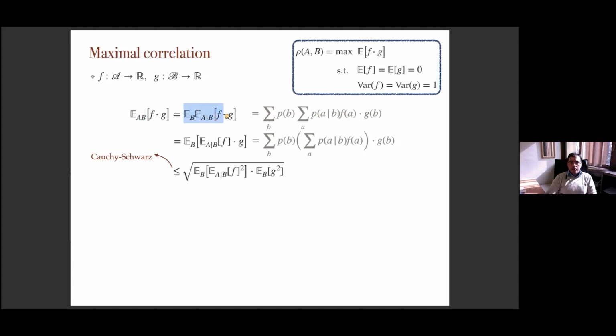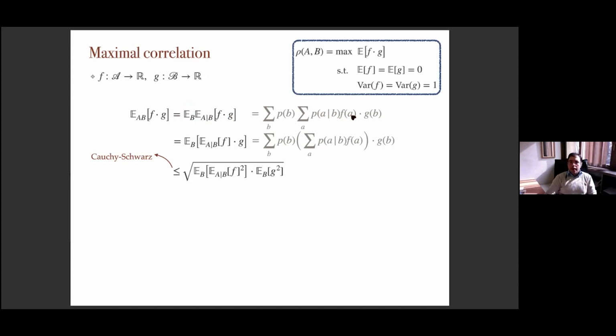This thing, if you're not familiar with this kind of notation, it just means this one. So the expectation over AB, I have a summation over P_AB times f of A, g of B. I'm rewriting P_AB as P of B times P of A given B. That's the meaning of this thing here.